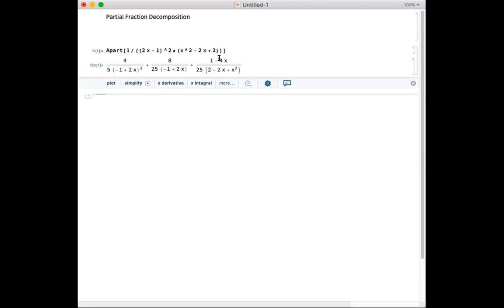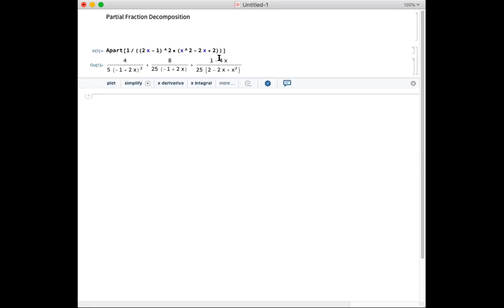So if I give you a problem and say, tell me what the partial fraction decomposition looks like, your first step would be like in that last problem where we wrote A over 2x minus 1 plus B over, plus Cx plus D over, and so on. And then I might say, you don't have to do that by hand. Just go ahead and use your calculator or Wolfram Alpha or Mathematica to give you that partial fraction decomposition.